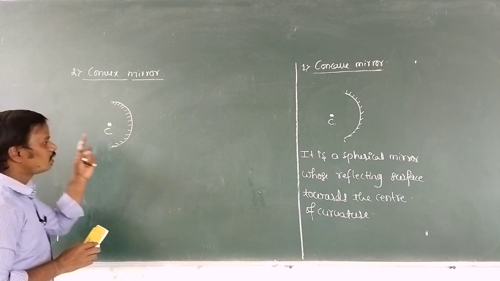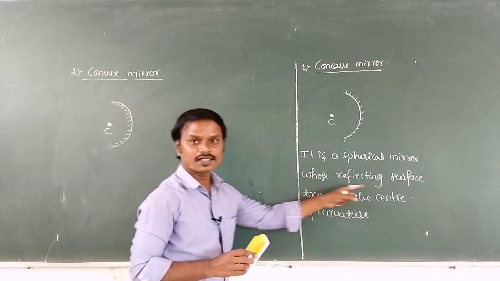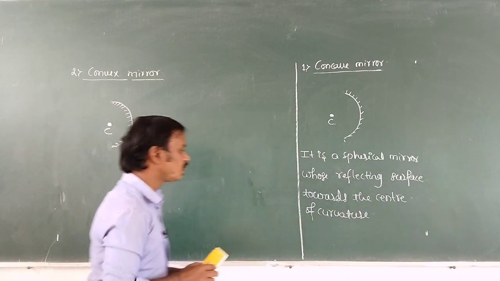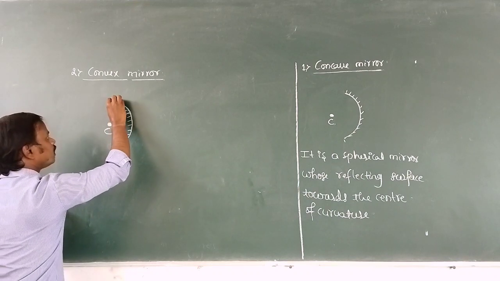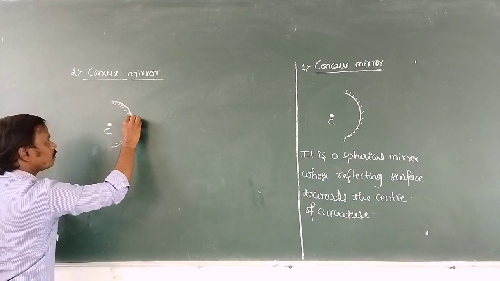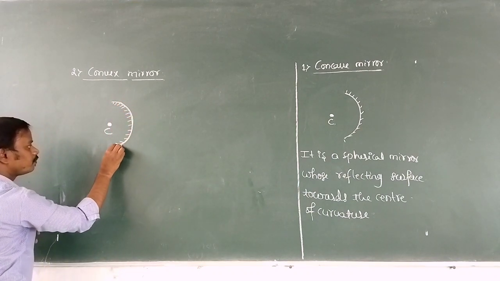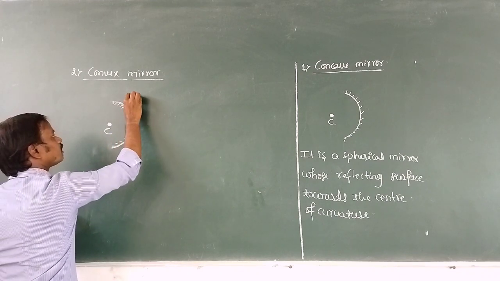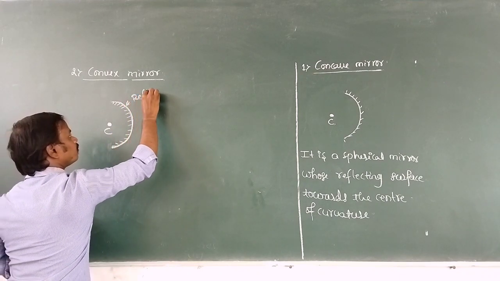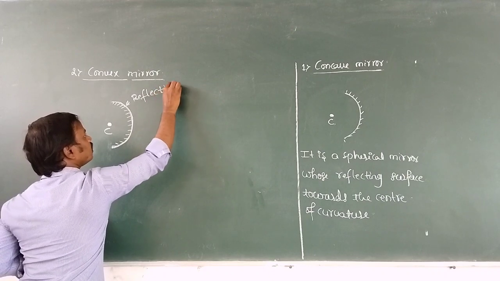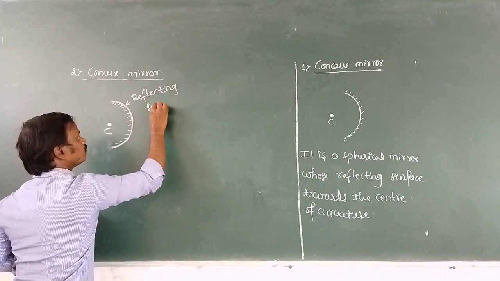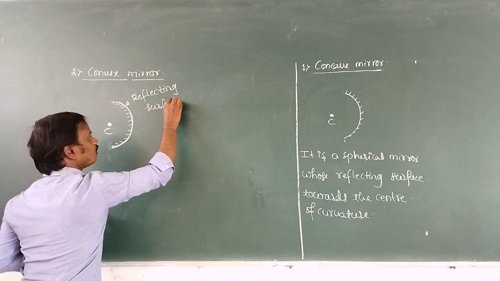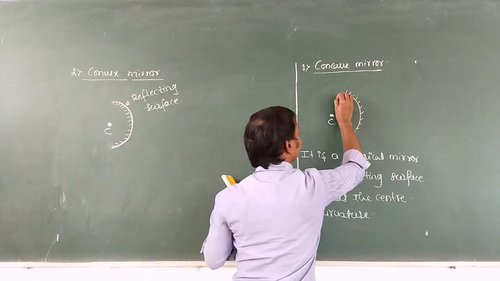It is a spherical mirror whose reflecting surface is away from the center of curvature. It is the reflecting surface, which is away from the center of curvature, and in this case it is the reflecting surface.